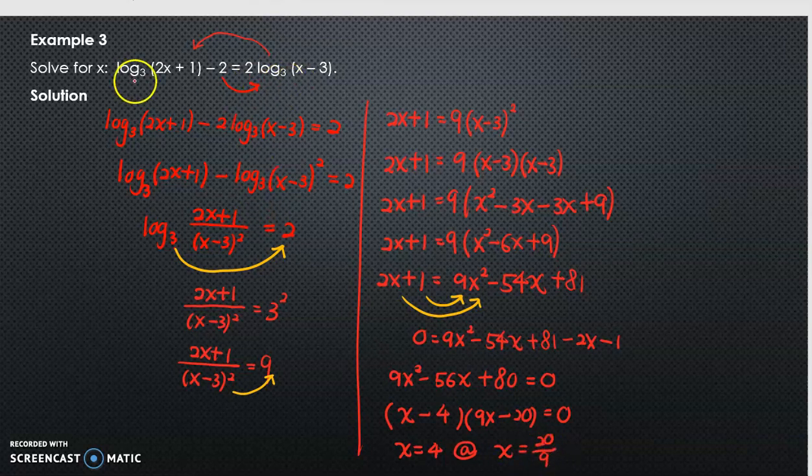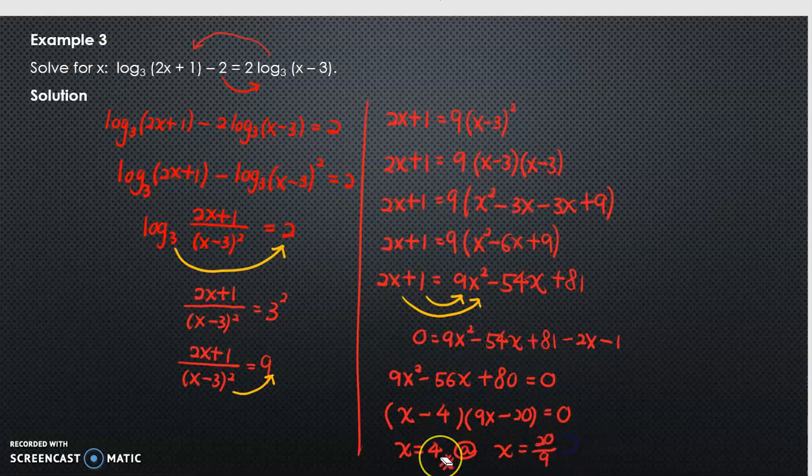So you can try to substitute back. Is this the answer? We have to check both of the answers.